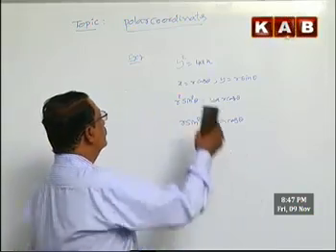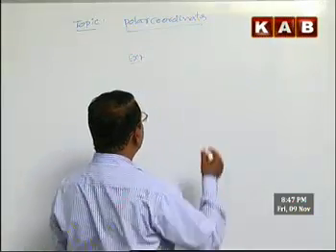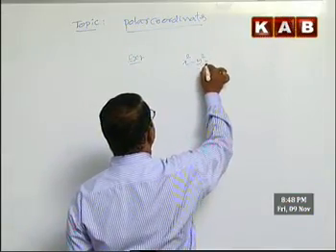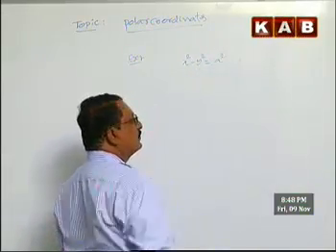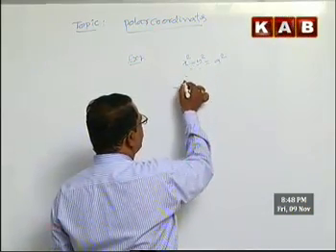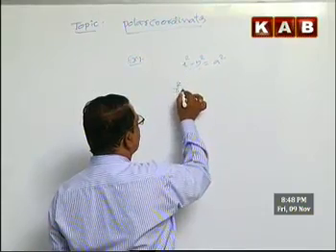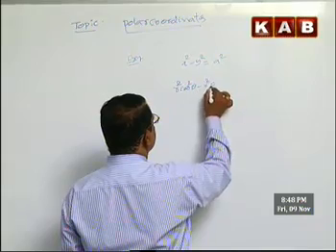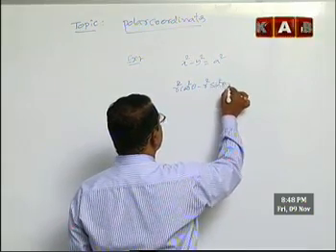Similarly, another example: we convert the equation of the hyperbola x square minus y square equals a square into the polar form. In place of x equals r cos theta, y equals r sin theta, substituting, we get r square cos square theta minus r square sin square theta equals a square.